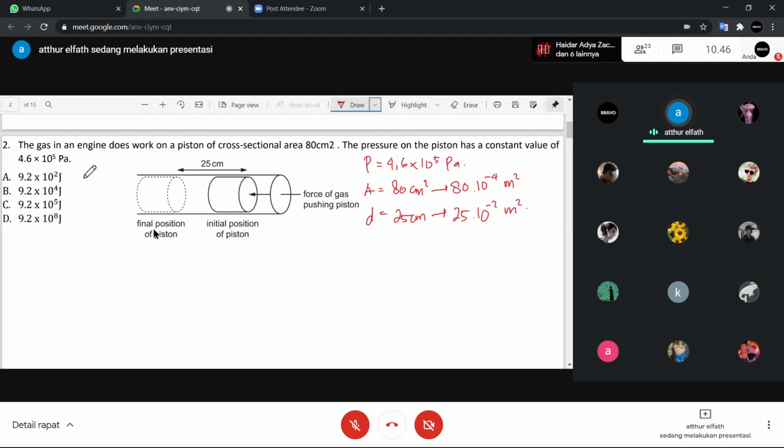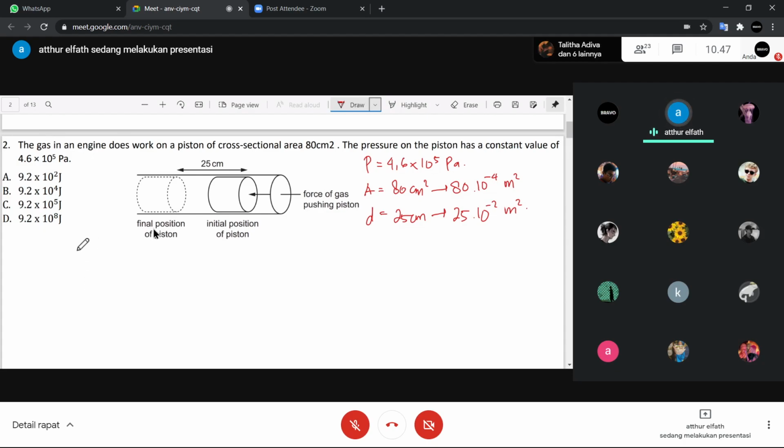The unit of the multiple choice is joule, so we can assume the question asks about work, the work of gas. I told you how to determine the work of gas.